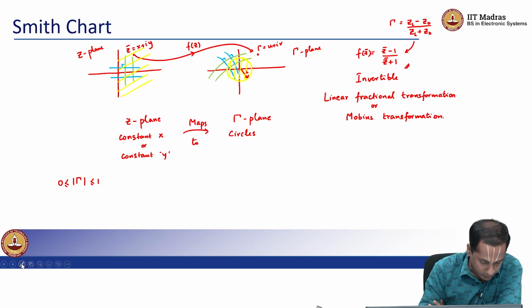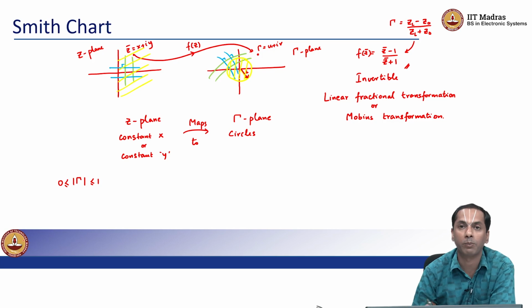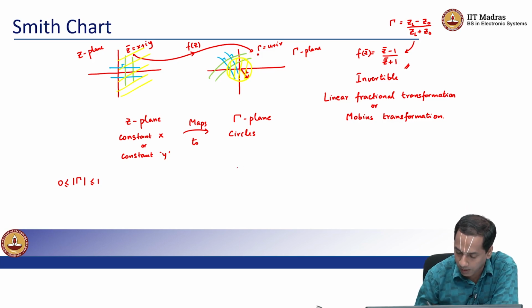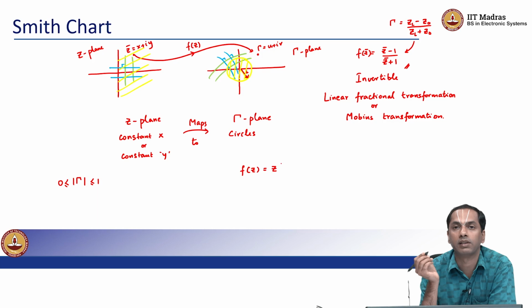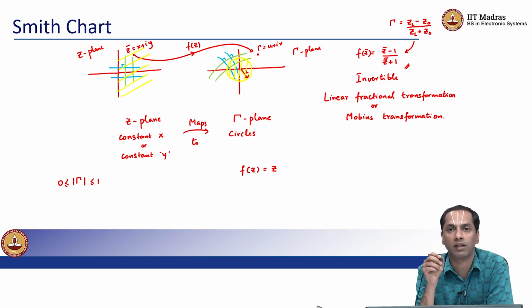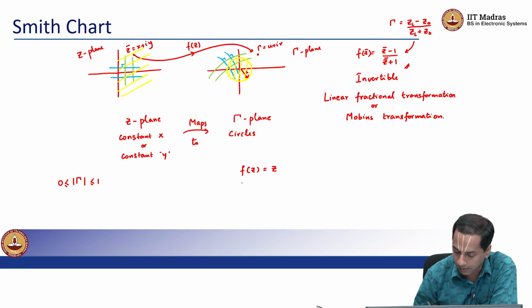And there is also another interesting property, which is that this mapping has two fixed points. What I mean by that is, if I set f of z equals z, so the value in the z plane as well as the value in the gamma plane is the same, then I essentially get two solutions, and they happen to be plus j and minus j.